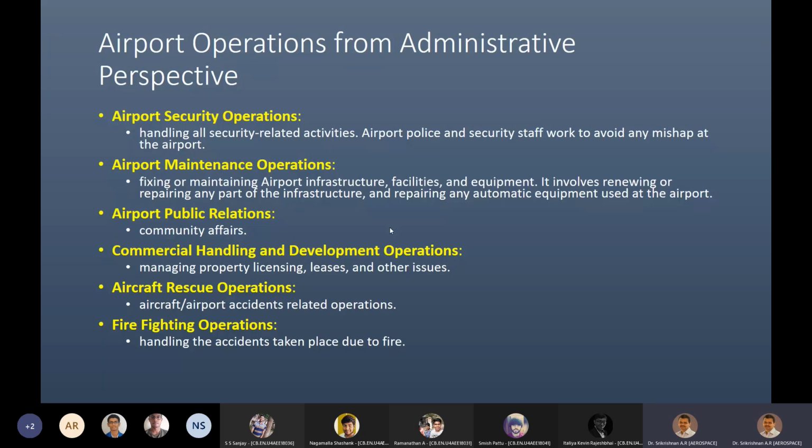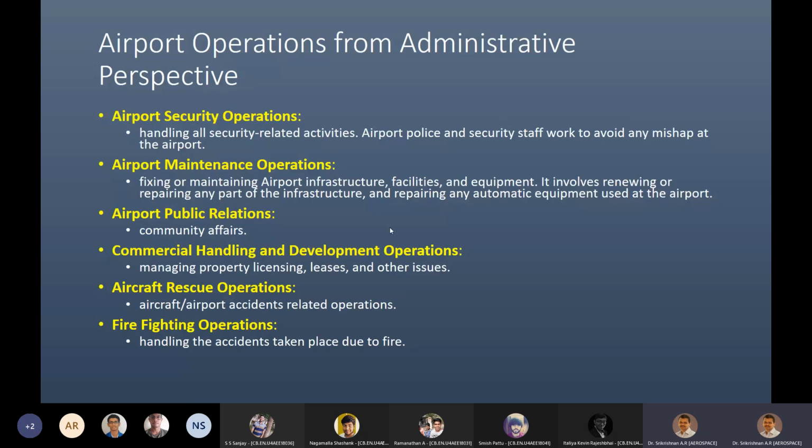Similarly, maintenance operations, that is facilitating the infrastructure, which helps having maintenance of the aircraft, and providing from time to time the required expansion to that infrastructure, which can help accommodate additional requirements of the aircraft maintenance.